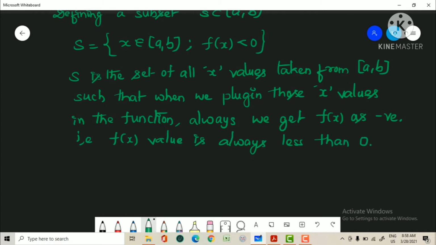This is the meaning of the set which we have defined. This set we have defined, and that is the meaning I have written below.